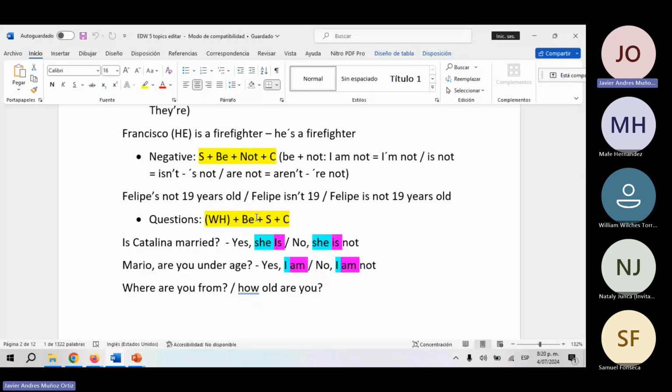In Spanish, we would say, ¿está Mariana casada? Mariana está casada. ¿Está Mariana casada? Right? We change the order. The same happens in English. Is Mariana married? That's all we need to know about the organization of verb to be, because the organization of verb to be in Spanish and in English is almost the same, almost.